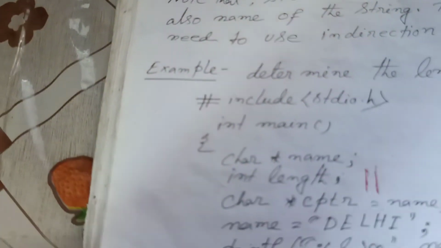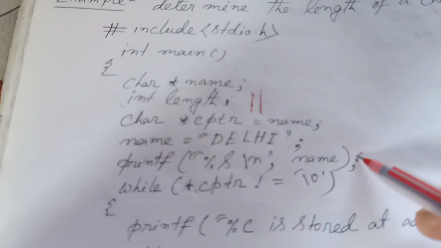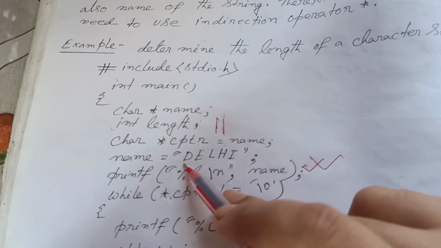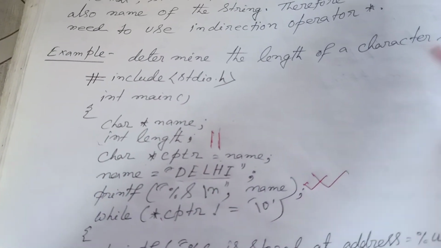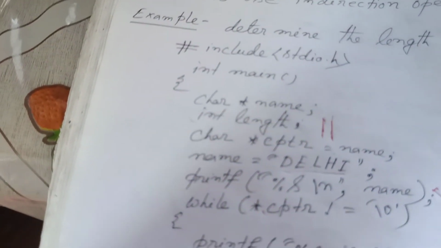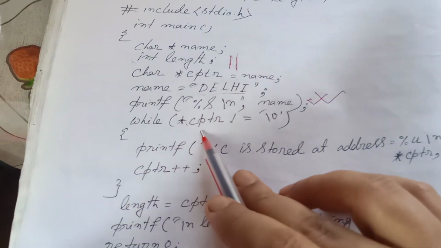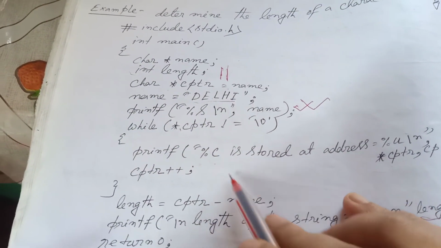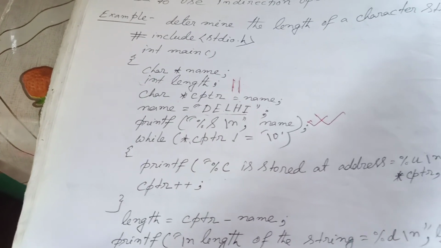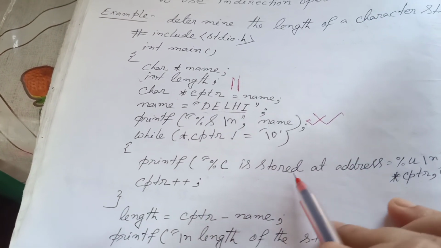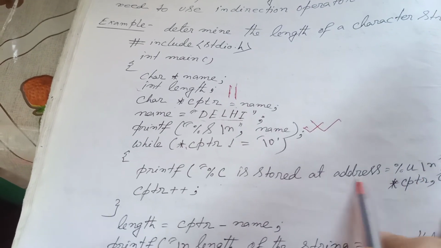So the output of this program: first, this printf will show the string, this string Delhi. Then from this while loop, %c, that means each character, that's why we are using the %c format specifier, showing its address value.